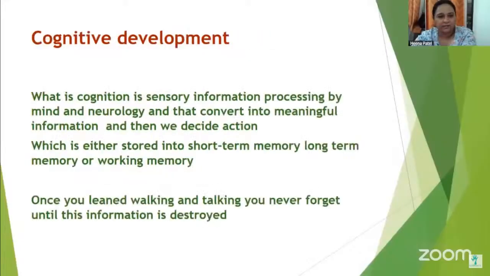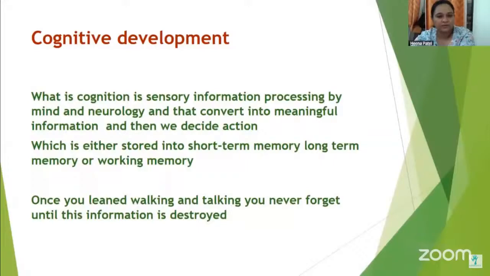So what is cognitive development? Cognitive development is the sensory information processing by mind and neurology, which is converted into meaningful information, and then we take action. I discussed initially how the 24 elements forces work: first we sense, then we decide, and then it comes to cognitive development, which is stored in short-term memory, long-term memory, or working memory.